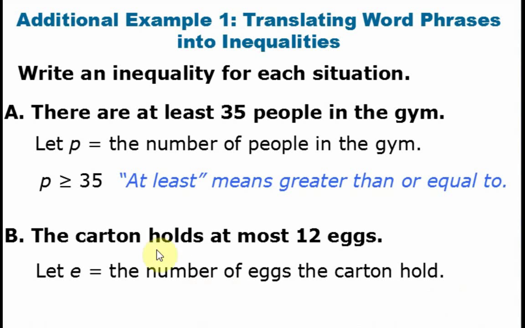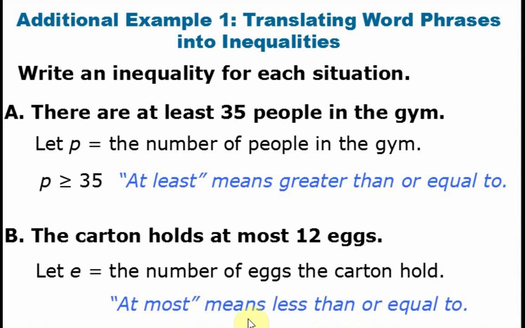At most means less than or equal to. Therefore, the eggs must be less than or equal to 12 in a carton. At most, not more than 12 eggs, so it must be equal to 12 or less than 12.